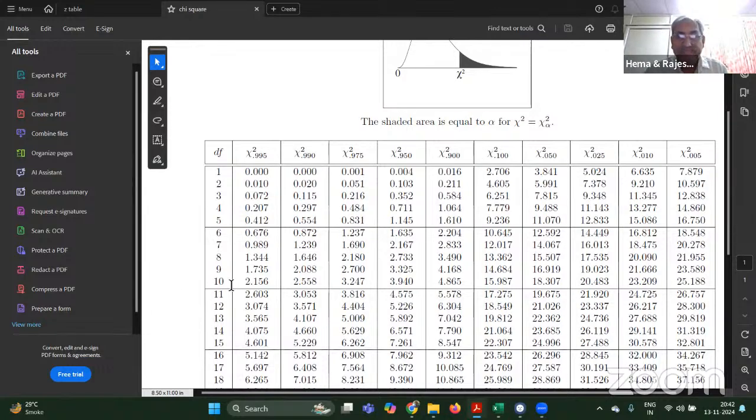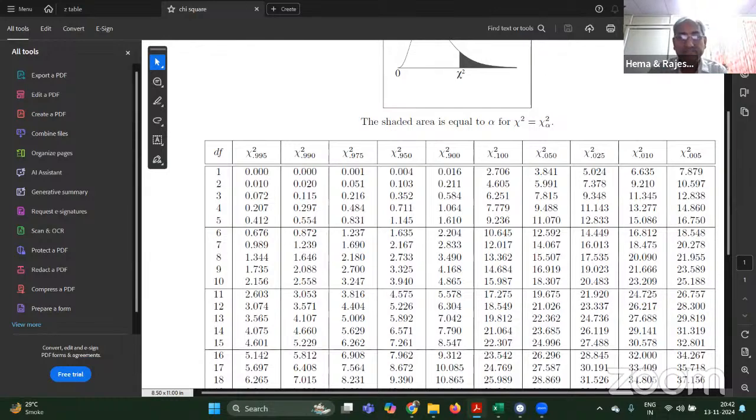Suppose degree of freedom is 10 and chi-square value is 20. Will it be significant? You can refer to your table in the WhatsApp group also. The degree of freedom is equal to 10 and chi-square value is equal to 20. Will you call it significant or not?